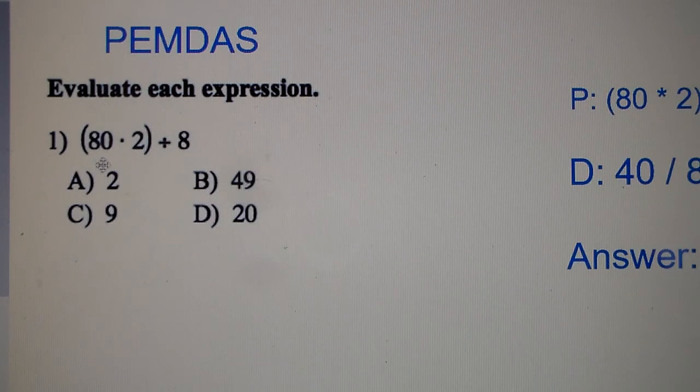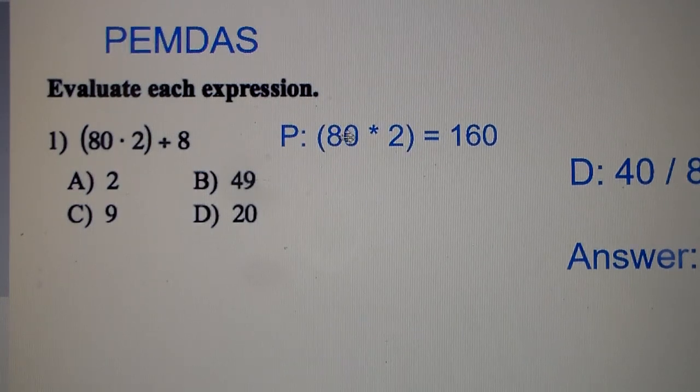So problem 1 says 80 times 2 and then divided by 8. The 80 times 2 is inside a set of parentheses. So what we have to do first, we have to take care of the parentheses first. We have to simplify what's inside the parentheses first. So 80 times 2, that's going to get you 160. So you get 160.